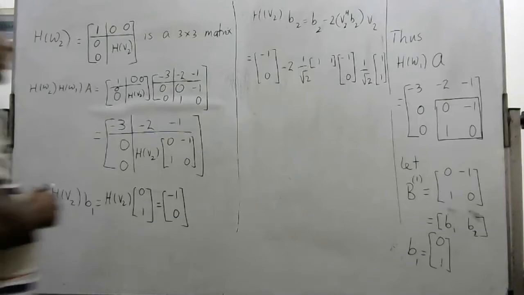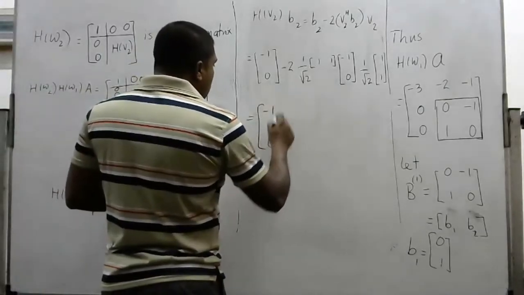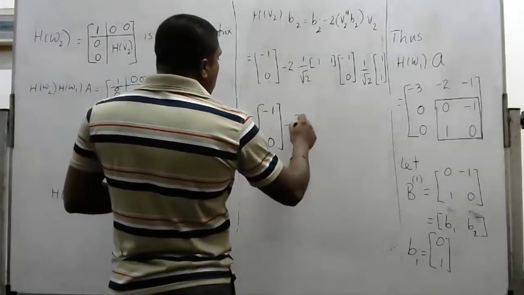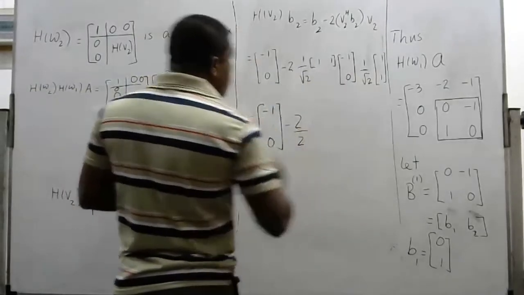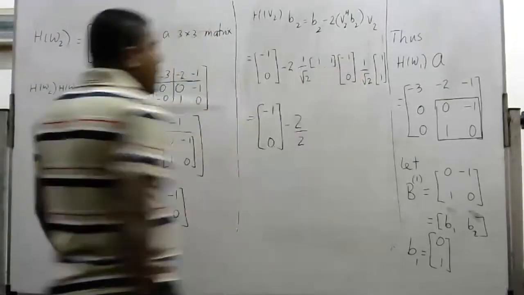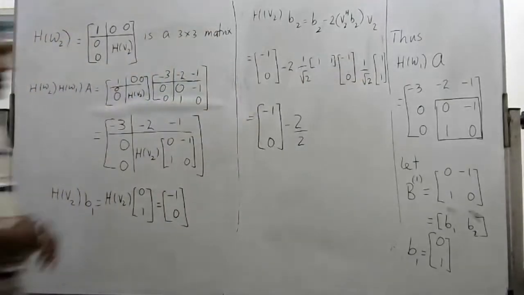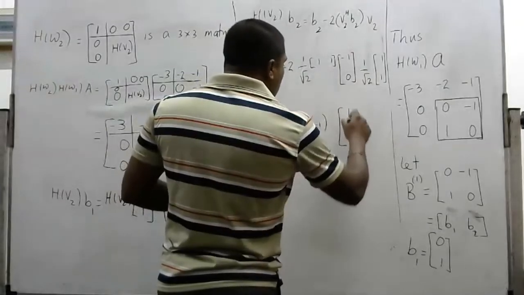Okay, so that gives you -1, 0 minus 2 times square root of 2, square root of 2, so 2 over 2, right? This multiplied by this is -1, and then 1 comma 1.